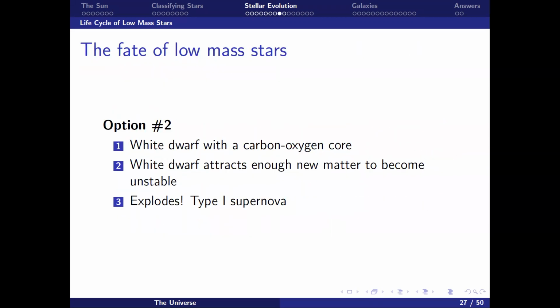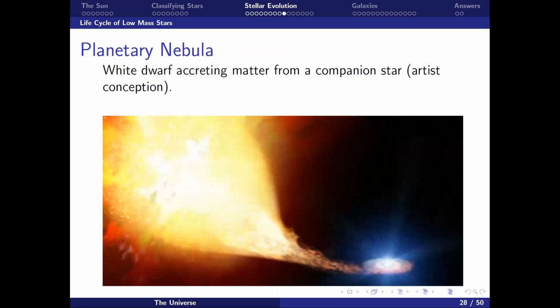Anything heavier than iron is created in a supernova, and it needs that intense of an explosion to force the heavy elements together into new, even heavier elements. So this is an artist's conception of a white dwarf taking matter from a companion star. That's what accreting means. Eventually, this white dwarf could turn into a supernova.